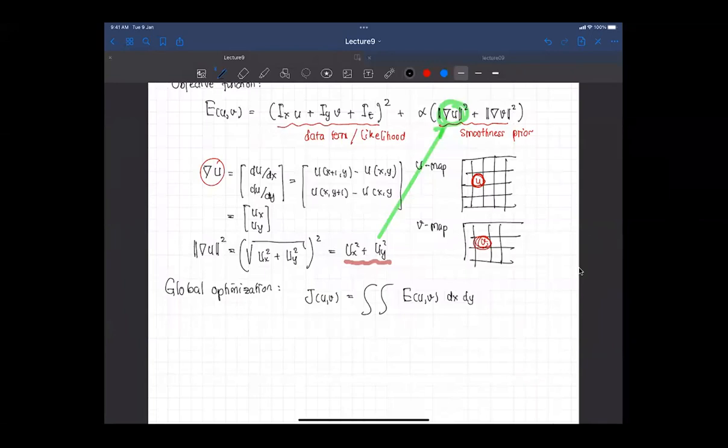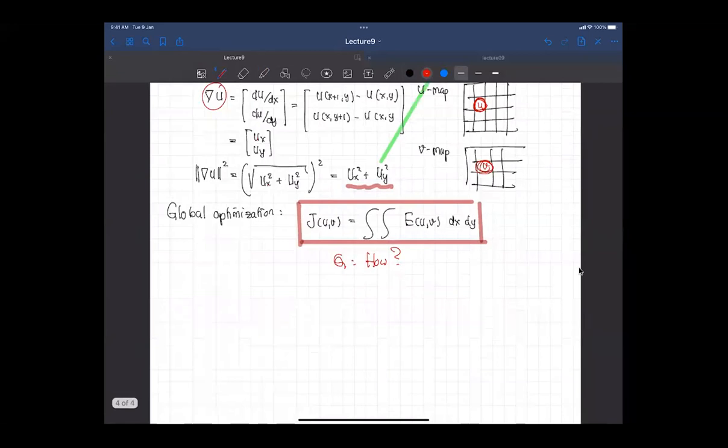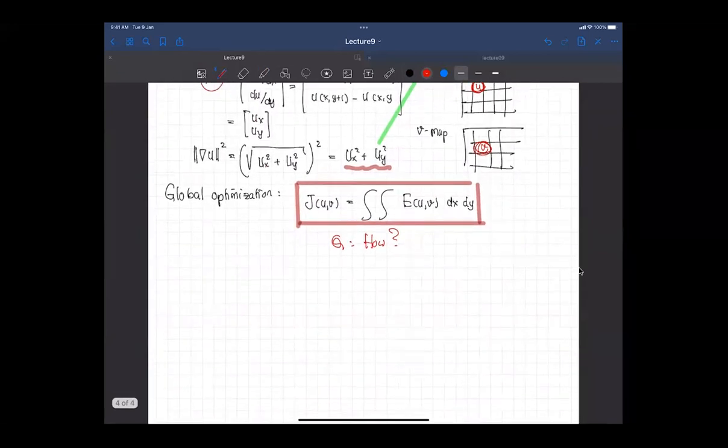And this is the question that Horn and Schunck try to solve: how can we do the global optimization? So the question here is how. Fortunately, in the field of mathematics, people thought about this a long time ago.